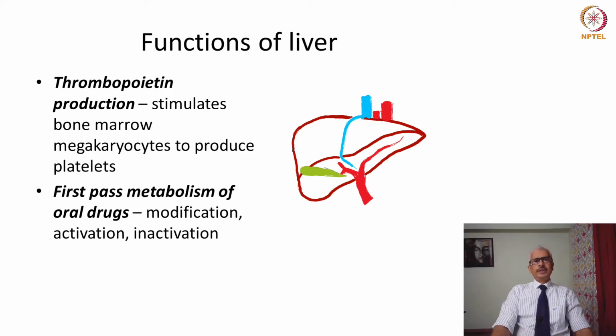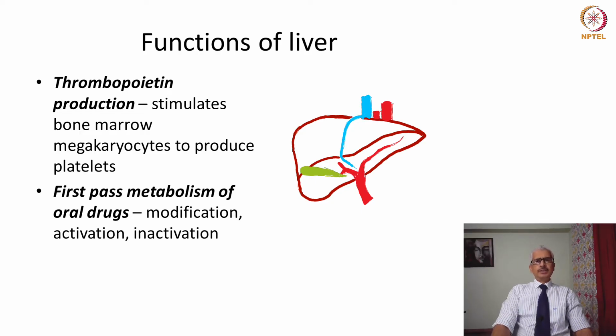We have seen that liver plays a very important role in the coagulation cascade. It also has an effect on blood clotting by controlling the production of platelets. Thrombopoietin is produced in liver. This thrombopoietin stimulates the bone marrow megakaryocytes to produce platelets.